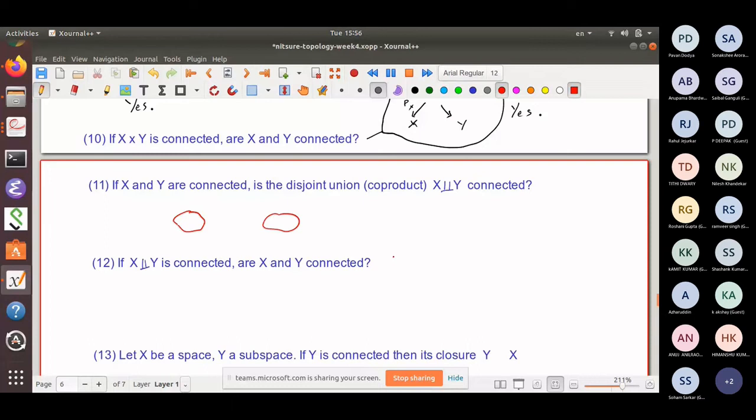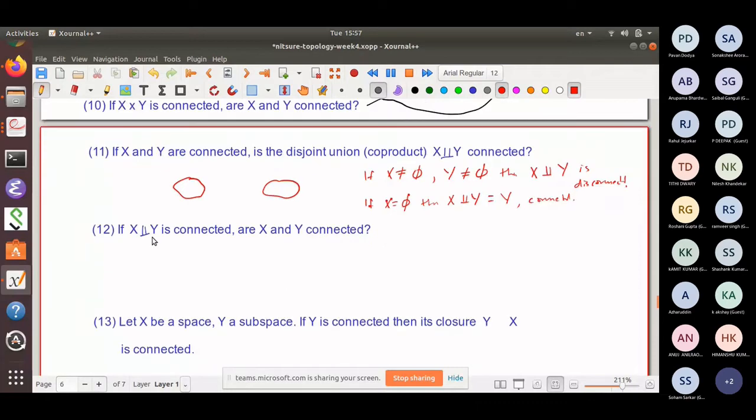So the only exception is, if X is not equal to empty and Y is not equal to empty, then the disjoint union is disconnected, because this is the disconnection. But if X is equal to empty, then X disjoint union Y is equal to Y, which is connected. Or if Y is empty, same thing happens. So this is the answer to this one.